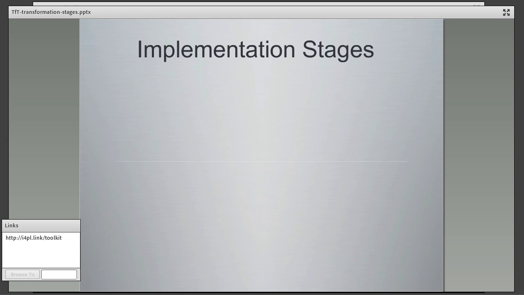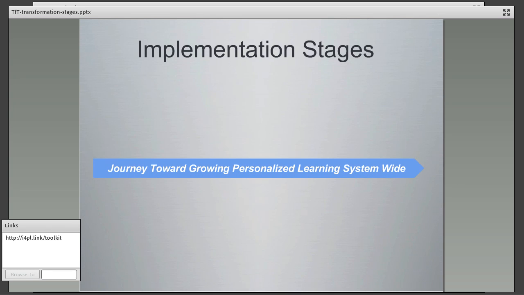As previously mentioned, the Institute has a 6-stage transformational process for moving personalized learning practices across a system. The first stage is getting started, then design, implementation, iteration, expansion, and systemic change.